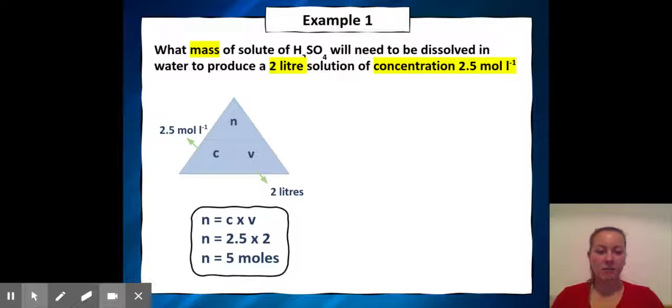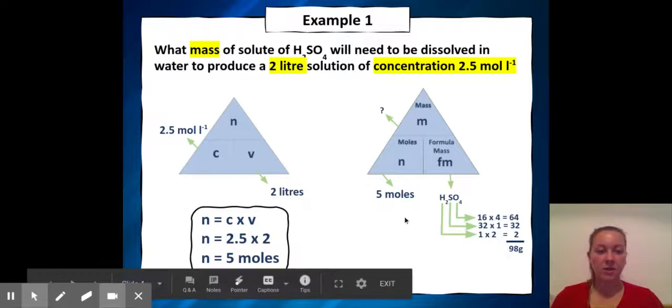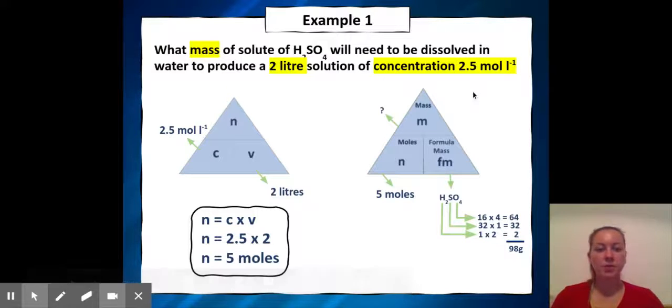N equals C times V. 2.5 times 2 is 5 moles. If the number of moles is 5 and the formula mass for sulfuric acid is 98 grams, which we've worked out here, then we can now use this solid triangle to obtain the mass required.